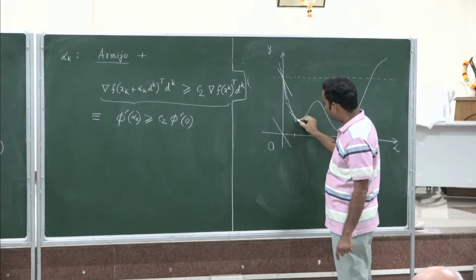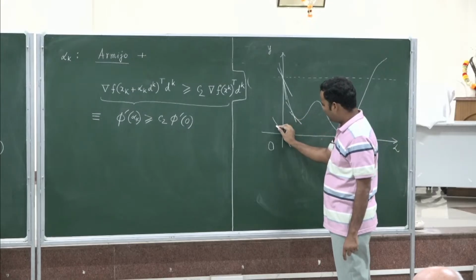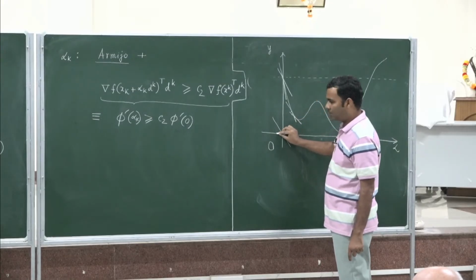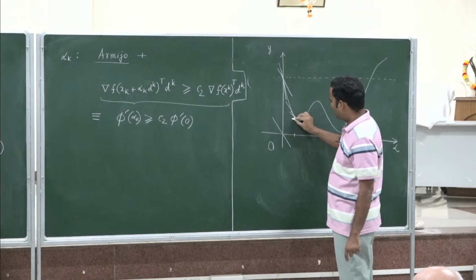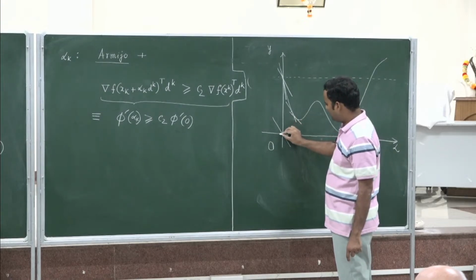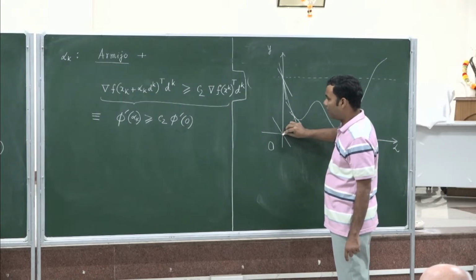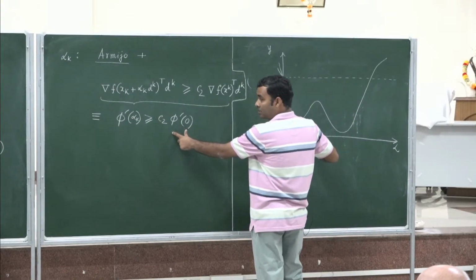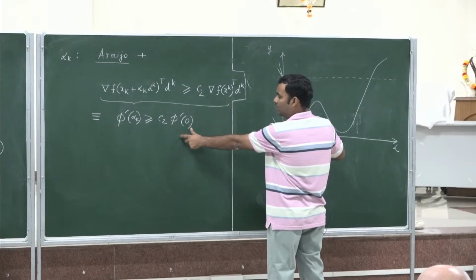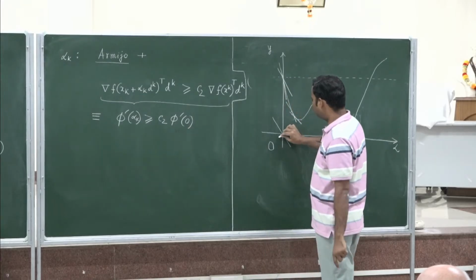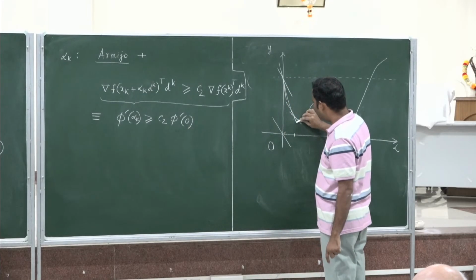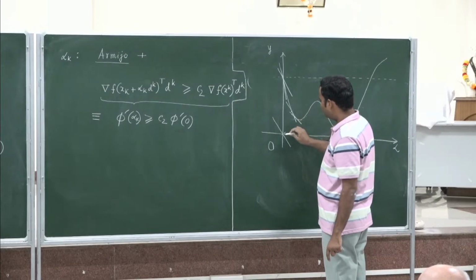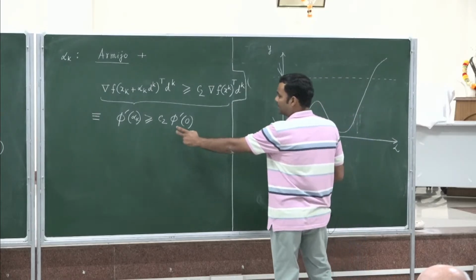These are acceptable. Now slowly increasing, it comes out parallel to the x-axis over here, and then it takes a turn positive. Phi dash 0 is negative because dk is a descent direction. So phi dash 0 is a negative value, but at this point you have a positive slope. Positive slope means beyond this negative value.